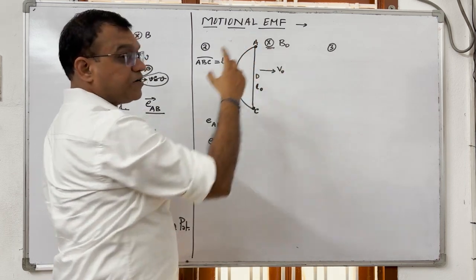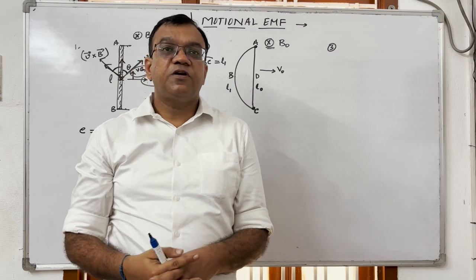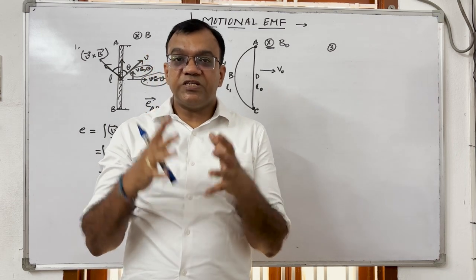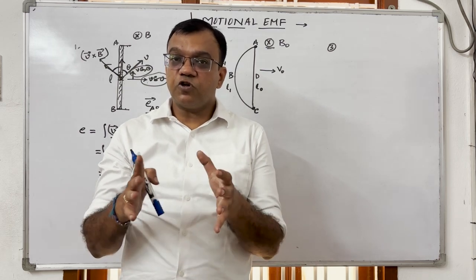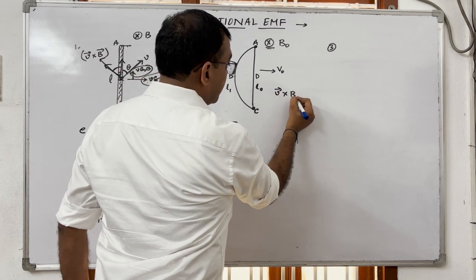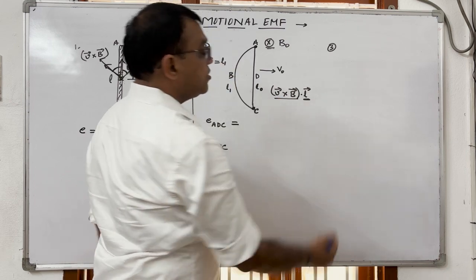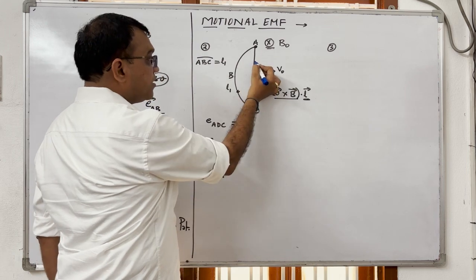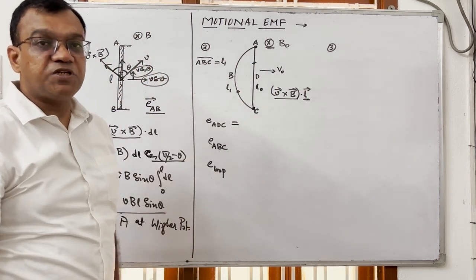In a uniform magnetic field, if any conductor is moving, of any arbitrary shape, the EMF induced across its ends will be the same as V cross B dot L, where L is the length of the vector joining the endpoints. Means for this part and for this part, we are going to have the same induced EMF.